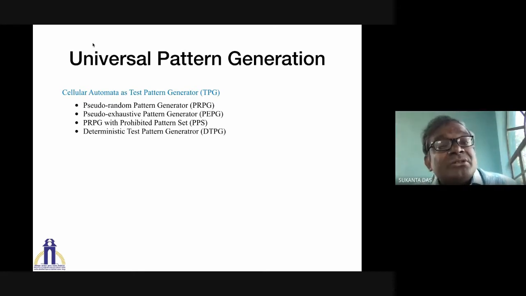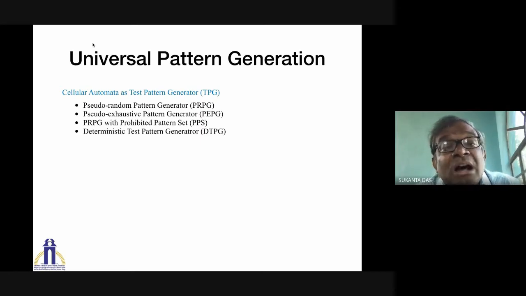Pseudo-random pattern generator: your cellular automata can generate pseudo-random patterns. It can generate pseudo-exhaustive patterns. And the third one is important. It's called PRPG with prohibited pattern set. This is a very interesting property, a very interesting set of patterns that we shall discuss.